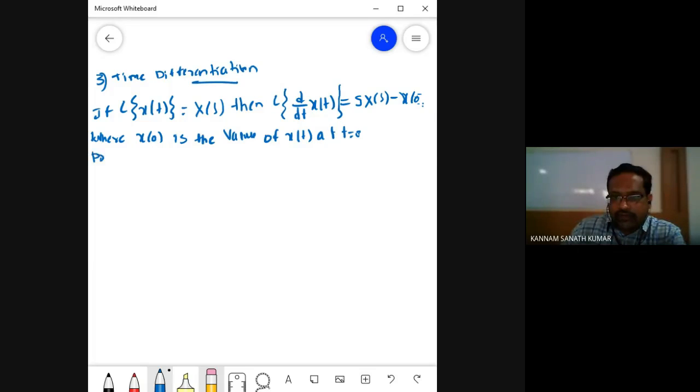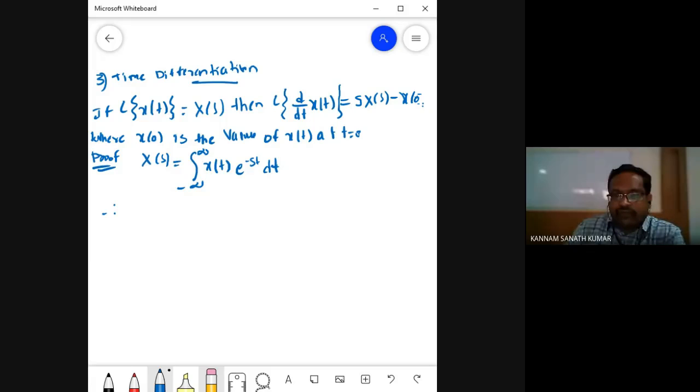Proof, if you see, what is X of s? X of s equal to integration from minus infinity to infinity of x of t e power minus st dt. Okay, so this is the basic formula for the Laplace transform.